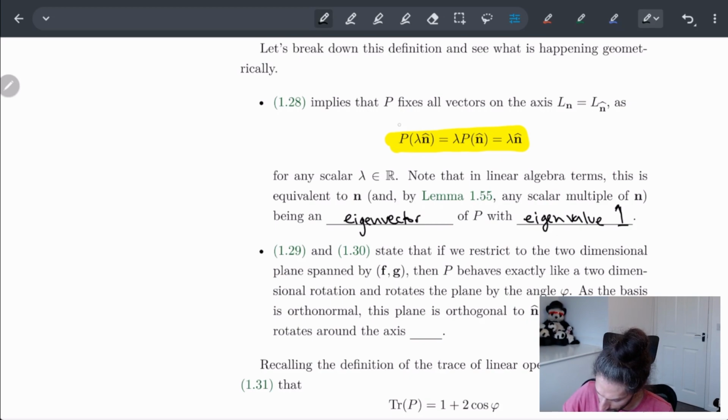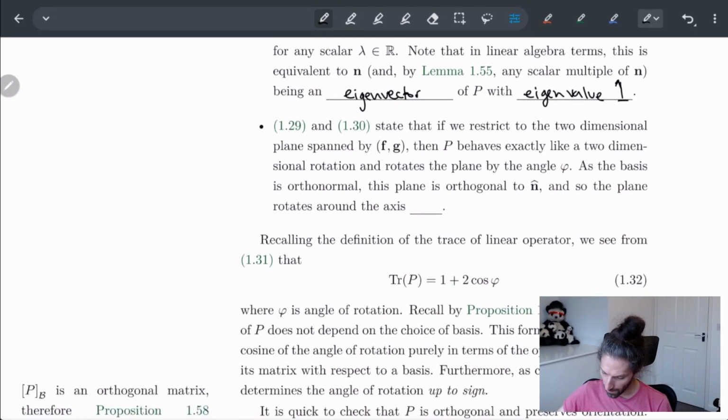We can consider this as the matrix, or we can just look at the linear operator. And we're just multiplying, so this gives us the same format as we saw before, right? So we have M times n gives us precisely lambda n. So this is almost the same, and you can see it has a very similar feel to it.